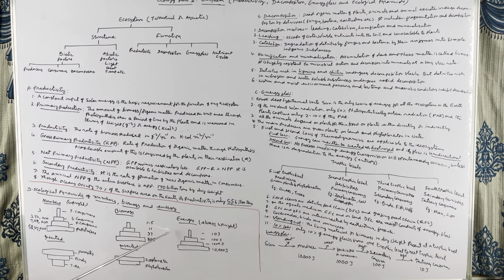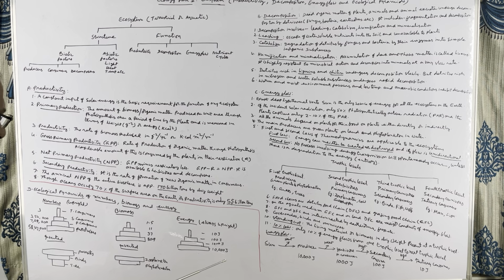Then, the pyramid of energy. In your book, an example is given. In the producers, the energy is 10,000 joules. In the primary consumers, only 1,000 joules of energy is present. In the secondary consumers, only 100 joules. In the tertiary consumers, only 10 joules.